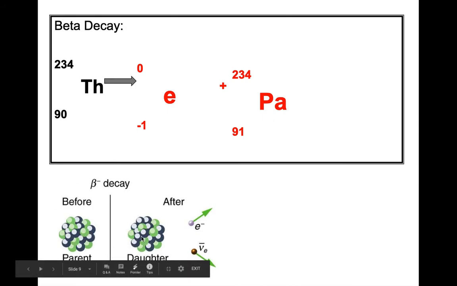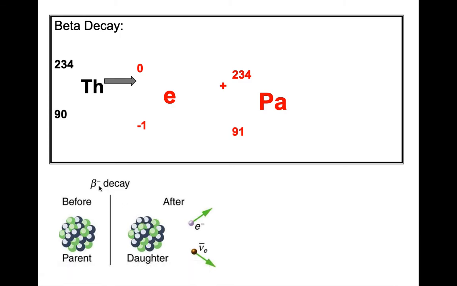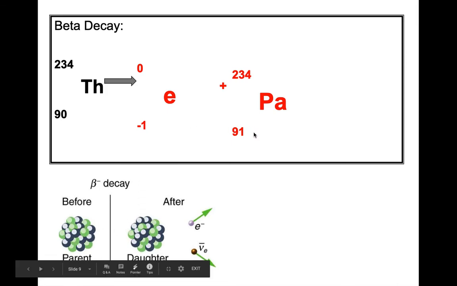So again, if we look at this diagram, this shows what's going on. In this beta decay, what you'll see is this neutron right here has changed into a proton, and it's emitted this electron. Gaining a proton causes the atomic number to increase by 1.